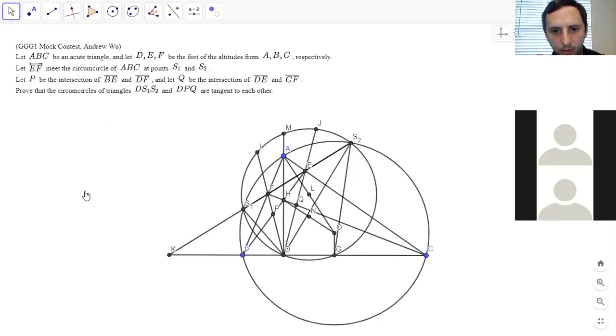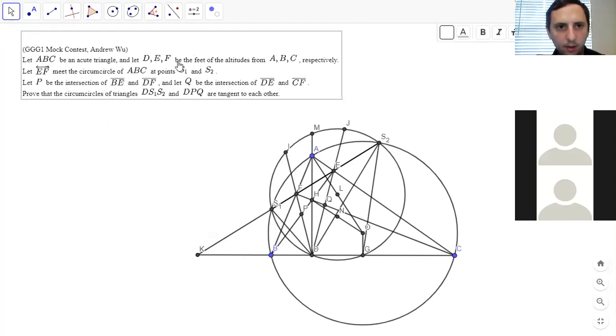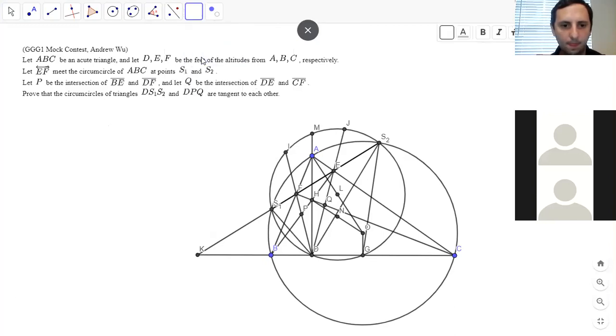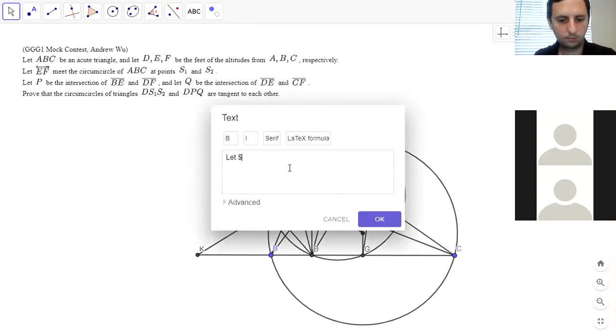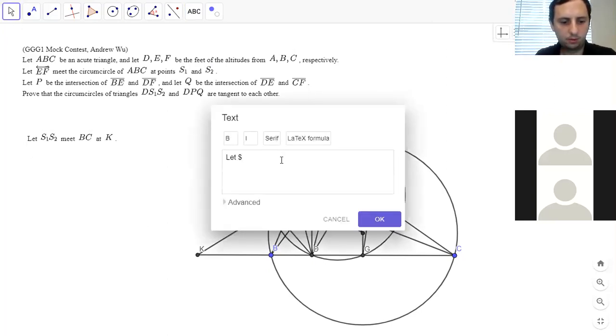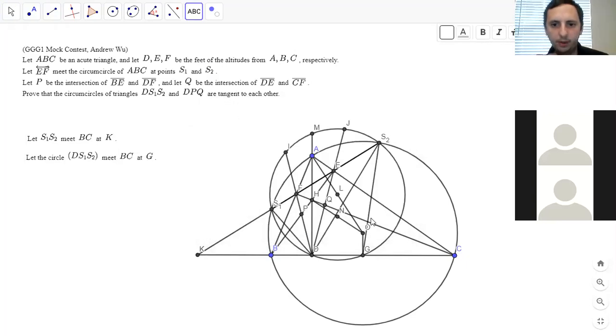Okay, so let S1, S2 meet BC at K. And let the circle DS1, S2 meet BC at G. And then I think it's by power of a point, you can show G is the midpoint, either that or some harmonics.